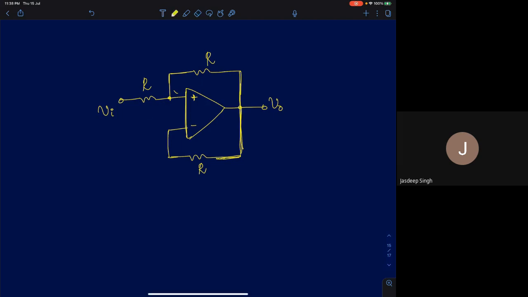Now, if it turns out the positive feedback is more than the negative feedback, in that case you can no longer use the condition that V plus is equal to V minus. There are some specific circuits called Schmitt triggers and comparators, a host of circuits which use op amp and positive feedback. We'll discuss that at a later stage. But right now, in this circuit, there is both positive and negative feedback, and you're supposed to find the transfer function.